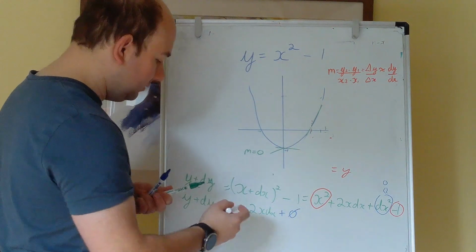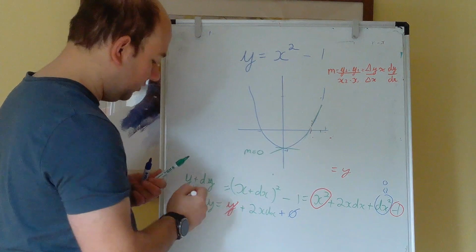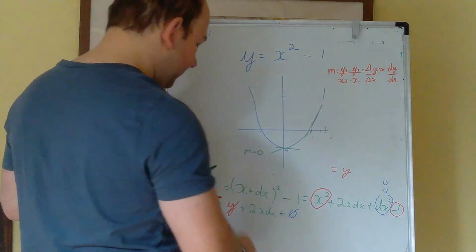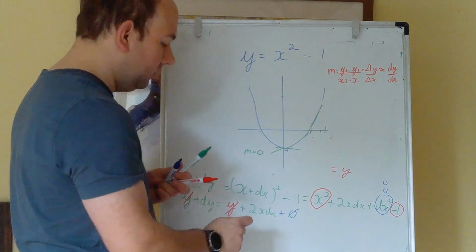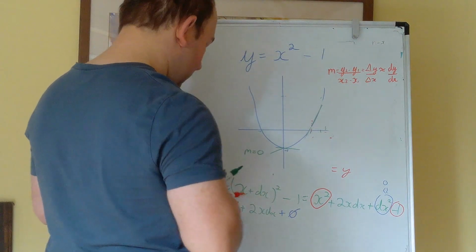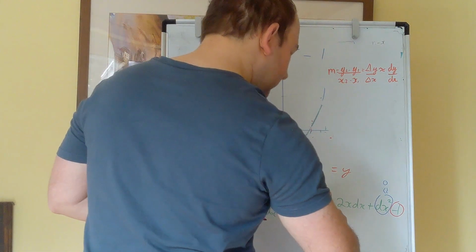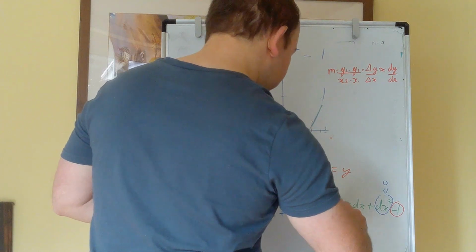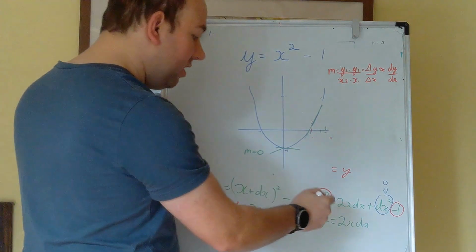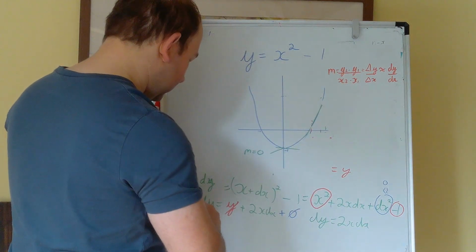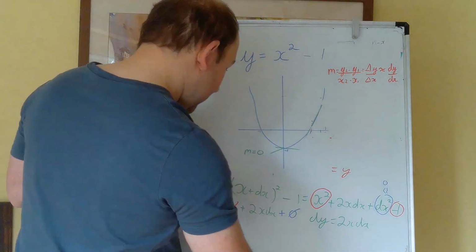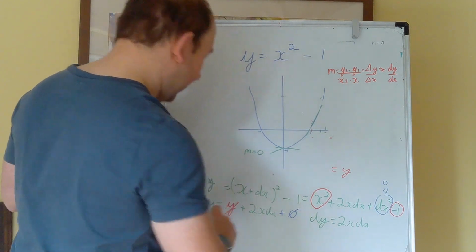We can also cancel out this red y with this green y over here, and now we have dy is equal to 2x dx. So I'm going to write this over here. So we've got dy is equal to 2x dx, and I can now rearrange this to be dy by dx, which we know is the gradient, is equal to 2x.